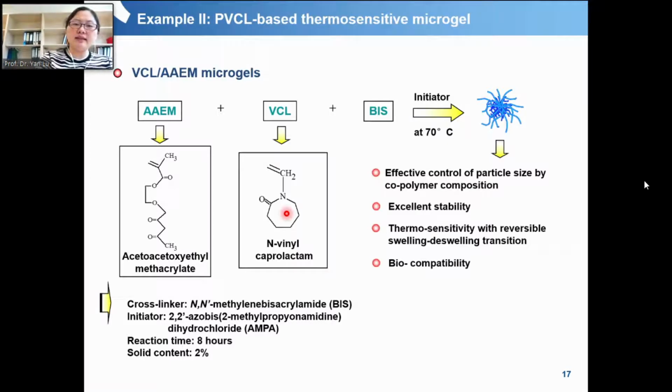And another advantage I also mentioned last time is that the polyvinyl caprolactam is biocompatible. That's why they are now a very well studied system for different kinds of bio applications, like drug delivery and such kinds of applications.